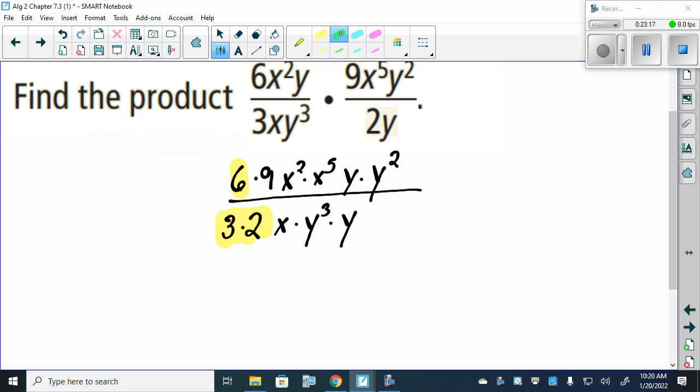We could also say that one of these x's will take out one of these here. And well, how many y's do we have here? 3, which would really match up with this one here. So if I wanted to, I can cut and dice this, simplifying that way, because it is all multiplication. We don't have any addition or subtraction.